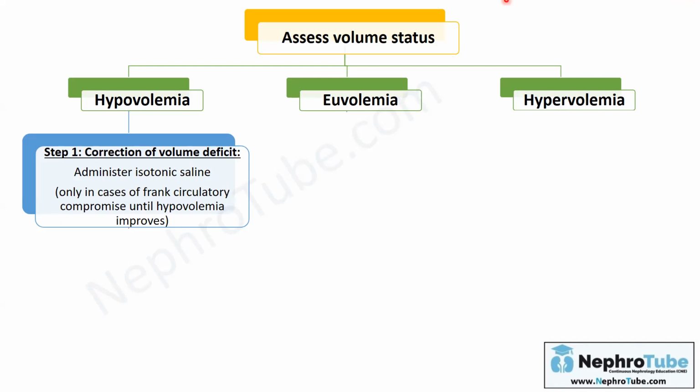So if the patient has frank circulatory compromise due to hypovolemia, in cases of frank circulatory shock or frank hypotension, the circulatory compromise and hypovolemia are improved by isotonic saline.